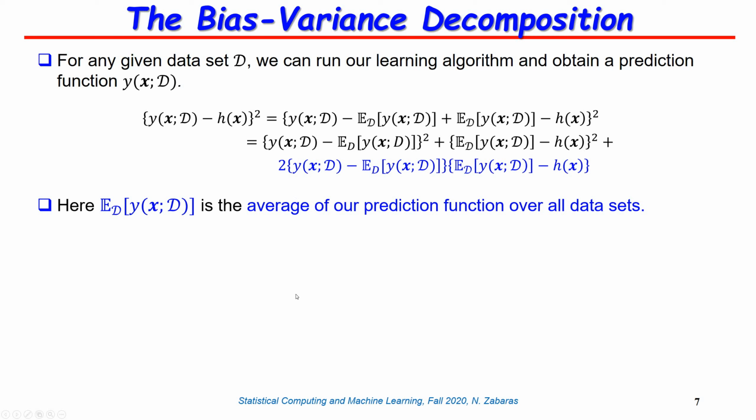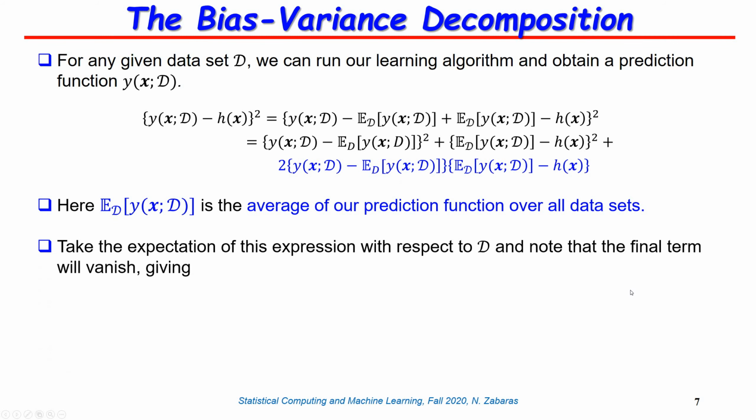If you take expectations with respect to the data sets D, you're going to have the expectation of the first term, the expectation of the second term, and then the expectation of this last term, which you may notice is actually 0, because the only place I can take expectation is in the first term. So I'm going to have the expectation with respect to the data set D of y, minus this expectation, which will give me a 0.